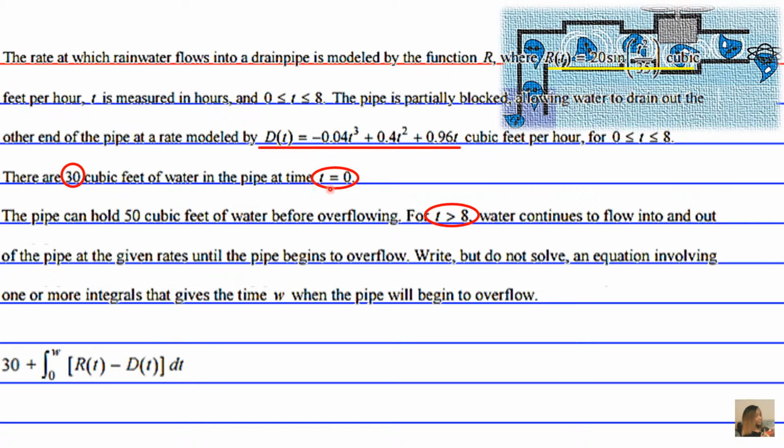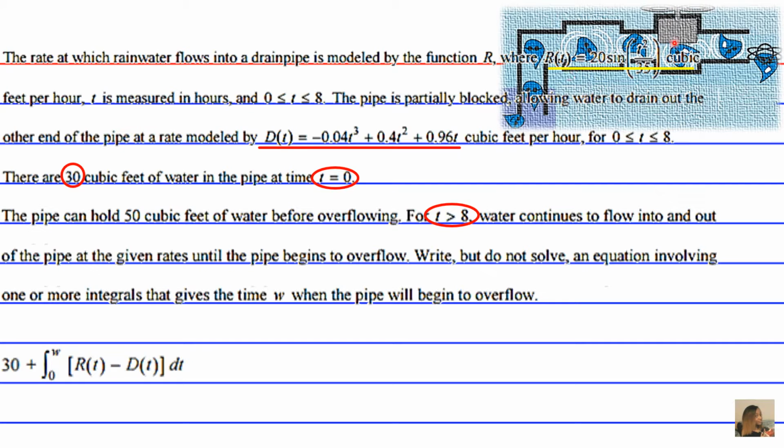This is our time, because ultimately whatever we integrate with respect to is a dimension that we'll be getting rid of. And if we get rid of time, which is expressed in hours, we're going to be left with cubic feet. Notice d of t is expressed in cubic feet per hour, but if we get rid of the per hour, we're left with cubic feet.